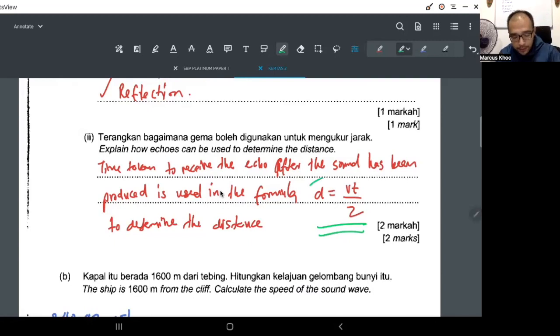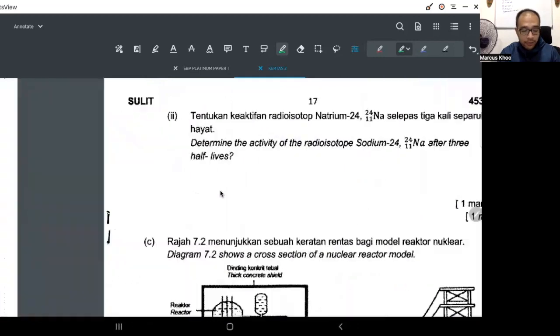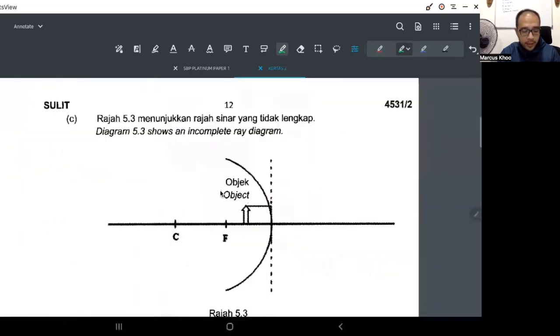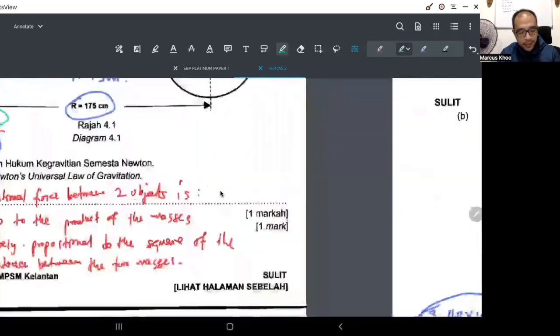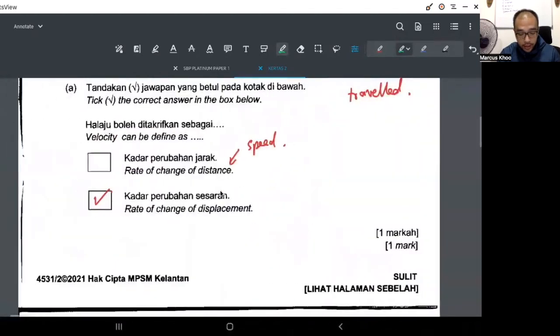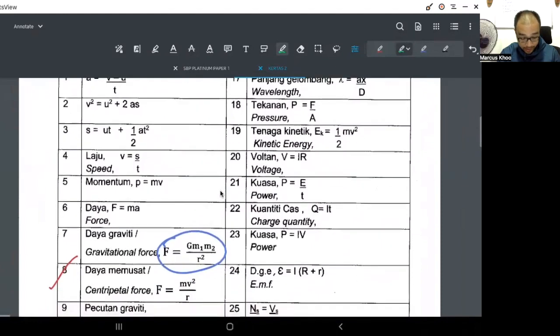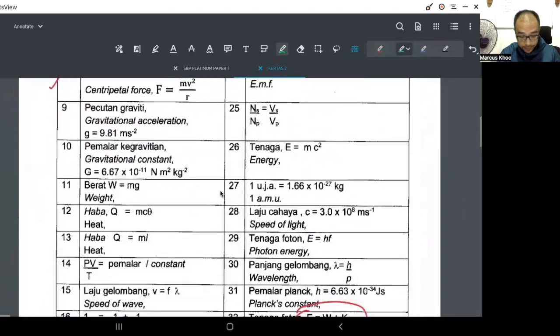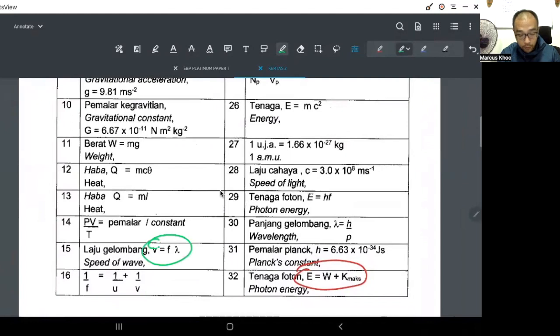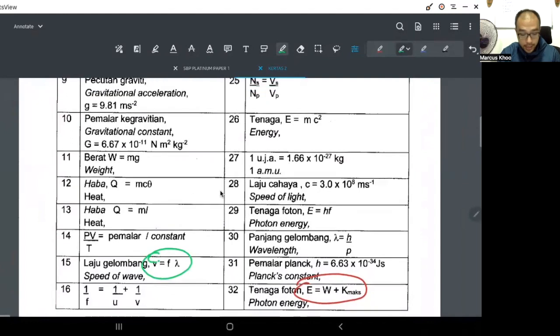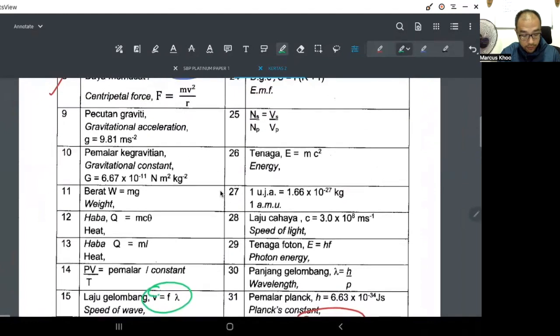This formula, okay, let's take a look at the formula list in front. Okay, this formula, I don't see it. Okay, I see the speed of the wave formula, okay, but I don't see the Vt over 2.